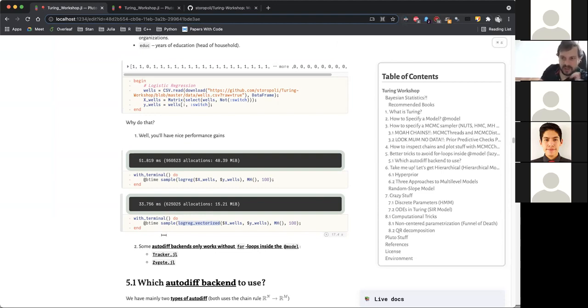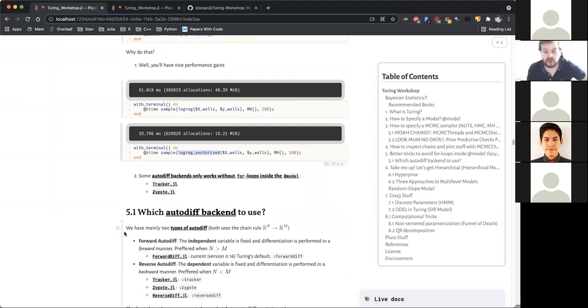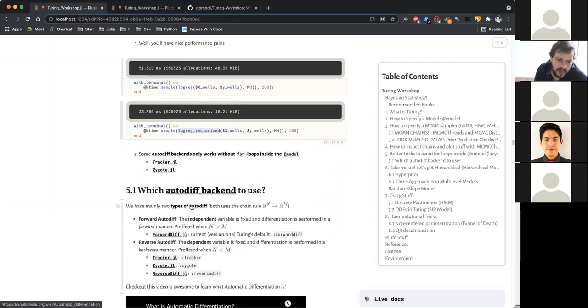And a quick interlude on which autodiff backend to use. This is something interesting, and you can also specify it in Turing. So we mainly have two types of autodiff, and this is a link to a Wikipedia article. If you don't have any idea what automatic differentiation is, don't worry, go to this link and find out.